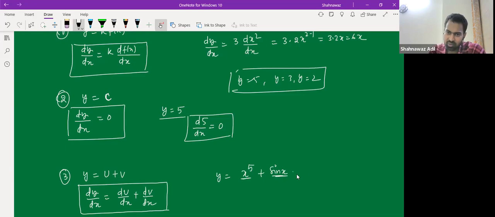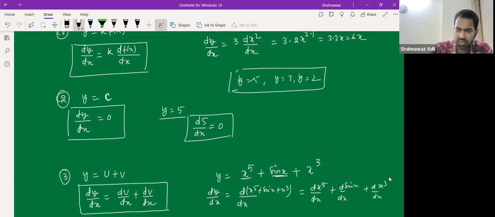And let's say I have one more function, which is x cube. So dy by dx of the whole would be d by dx of x^5 plus d by dx of sin x plus d by dx of x cube.